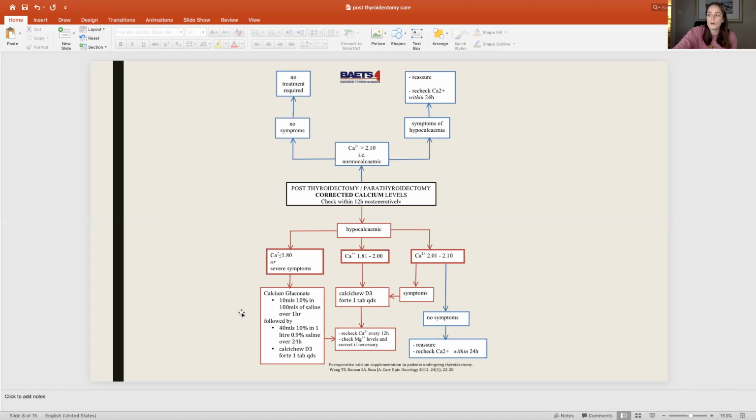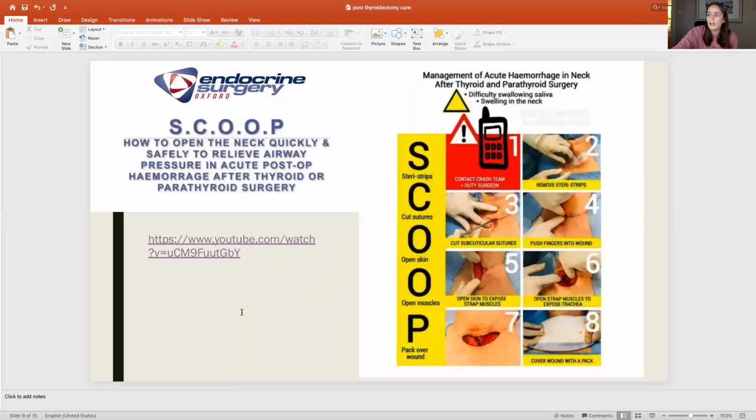It's important to know about calcium gluconate. You don't have to know the dose off by heart. You should have an idea, but you can always check the Trust intranet and electrolyte disturbance guidelines in your hospitals if you're not sure.